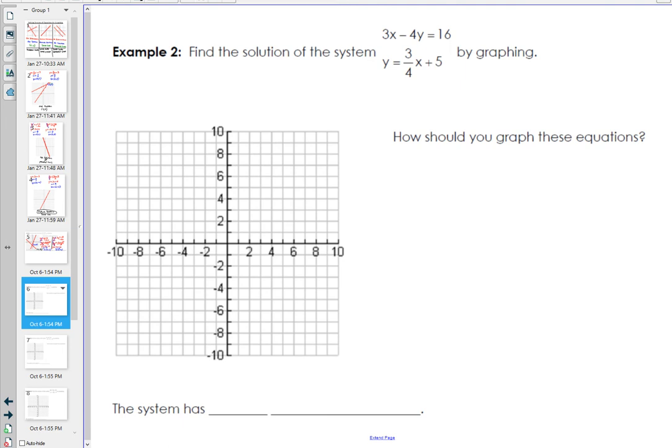All right, how about this one? So that looks like a negative sign.